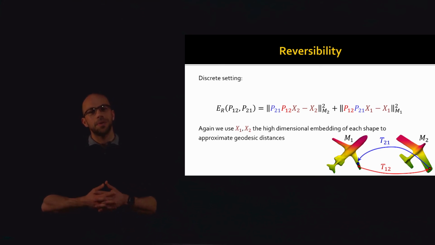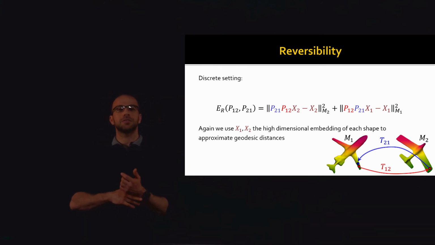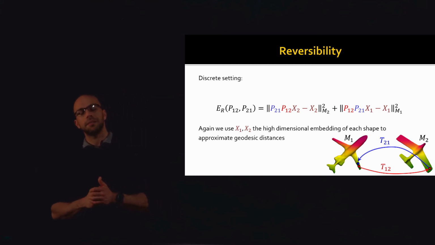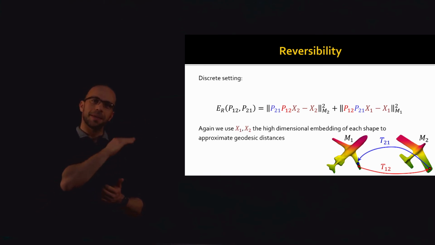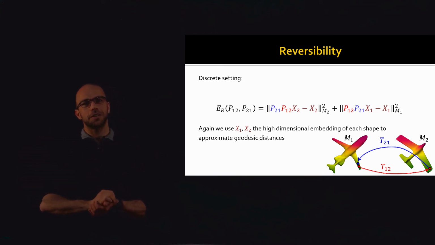And what we hope is that that's basically the same as the coordinates we started with. So if we subtract those, we should get something close to 0. So that's how we're going to try and make our mapping bijective. We're going to have Dirichlet energy, forward and backward, plus reversibility, which is basically just making sure that if I map coordinates to the target and back, I get what I started with.